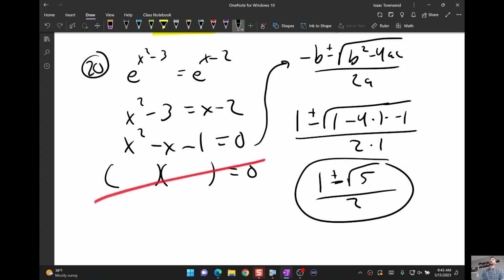So again, the quadratic formula's not going to show up all the time, but if you need to solve a quadratic and it doesn't factor, then that's really your only option. So that one was at least pretty straightforward. But I would say right here at the start, that first step is definitely the most important: understanding that this part's already equal, and that's why you just need to make sure the exponents are equal also.